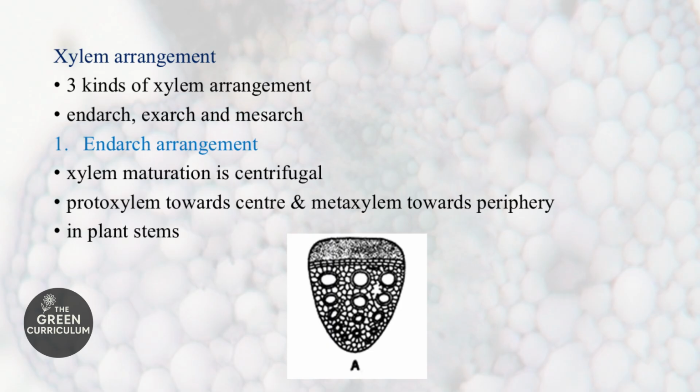This arrangement is normally seen in stems. If we take a section of a plant stem and observe it under the microscope, the centermost portion is composed of pith. So in endarch arrangement, the first formed xylem, that is protoxylem, is seen towards the pith, whereas the later formed xylem, that is the metaxylem, is seen towards the periphery.